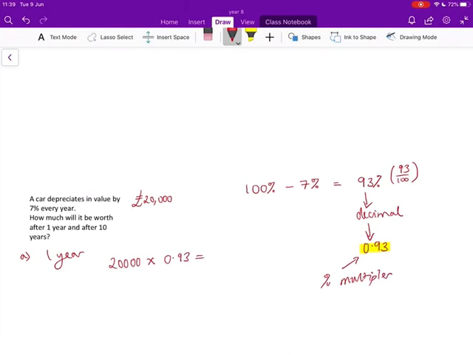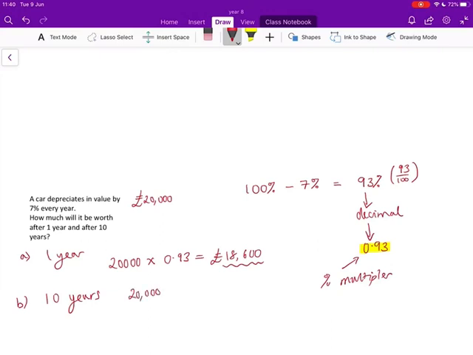If we multiply by a number less than 1, the value should go down. So if you do that on your calculator, that tells you at the end of that first year, its value has dropped to £18,600.